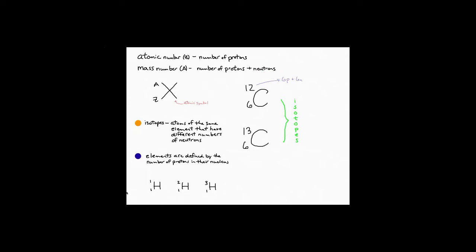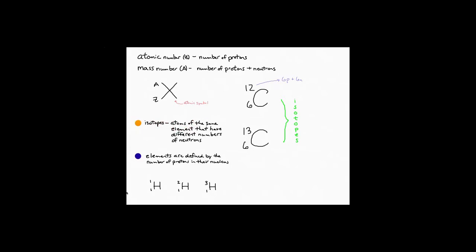There's another form of carbon, which is carbon-13, and carbon-13 is very similar, except that instead of having 6 neutrons, it has 7 neutrons in its nucleus. These two atoms are related in that they're both carbon atoms. They're different only in the number of neutrons that are in their nucleus. So atoms of the same element that have different numbers of neutrons are called isotopes.